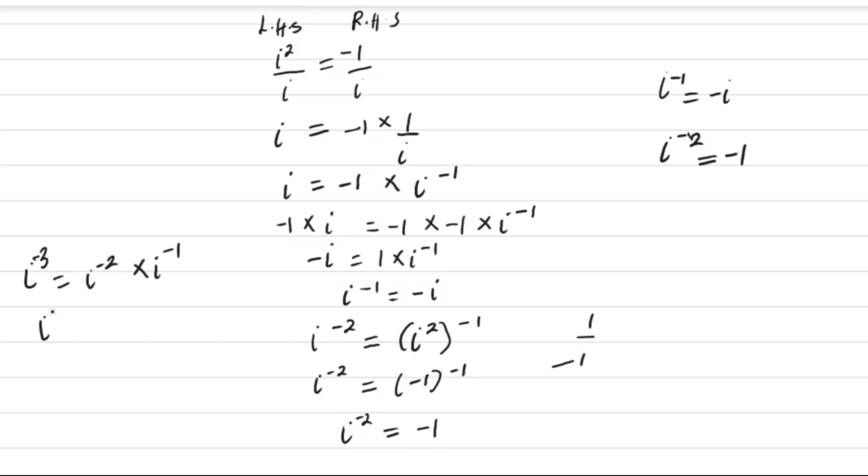So i raised to power minus 2 is minus 1 times i raised to power minus 1, which is minus i. So our i raised to power minus 3 is going to give us plus i. So we can write i raised to power minus 3 will give us i.